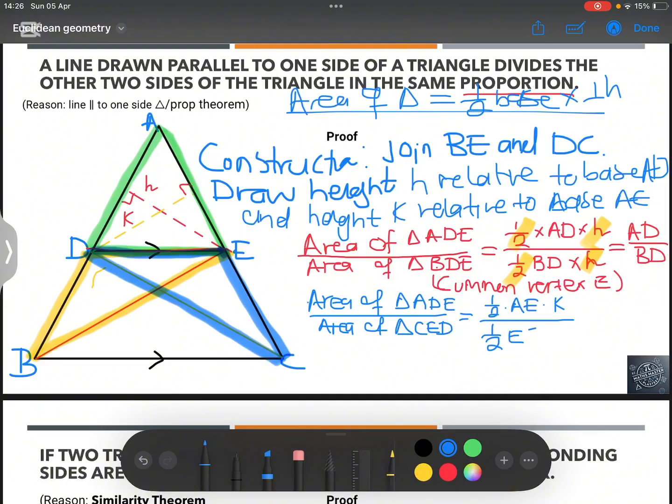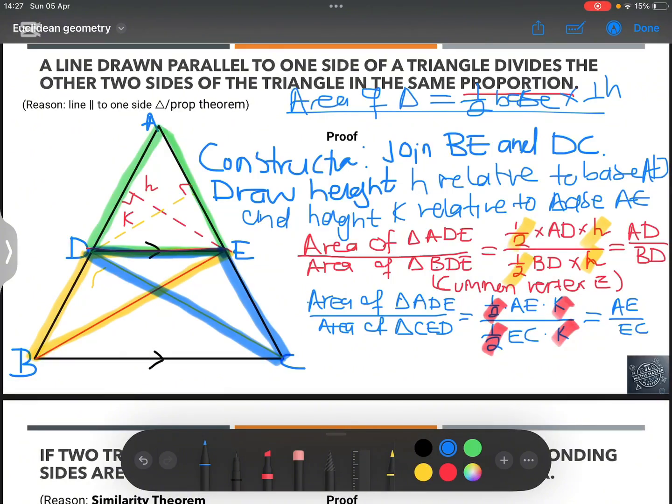Half divided by half is 1, K divided by K is 1, and then we have AE divided by EC.